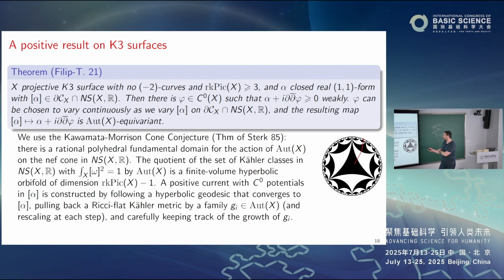I think if the Picard rank is 2 or 1, it's easier, in fact. So I think we could actually delete this one. We were just too lazy to write out the details. This theorem is easier. But this one here is a much more annoying assumption about no minus 2 curves. So yeah, rank Picard, I think maybe we could delete it.